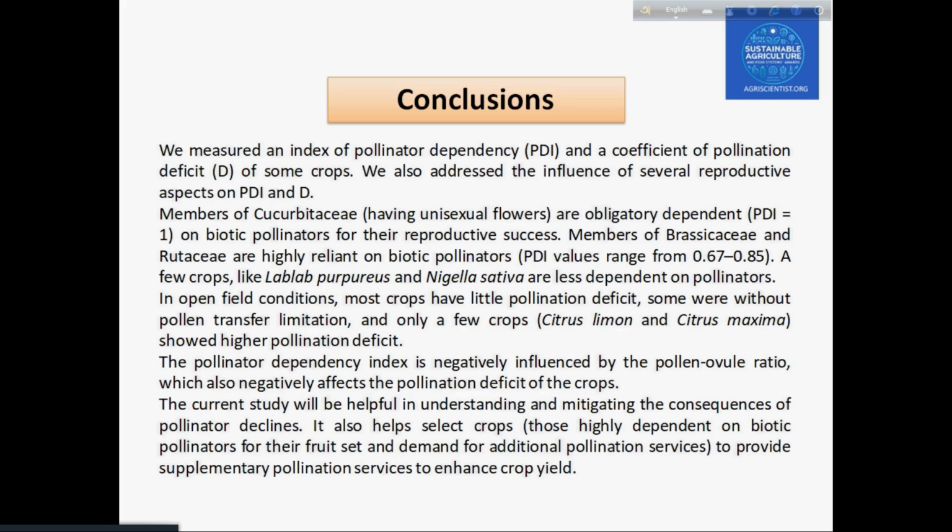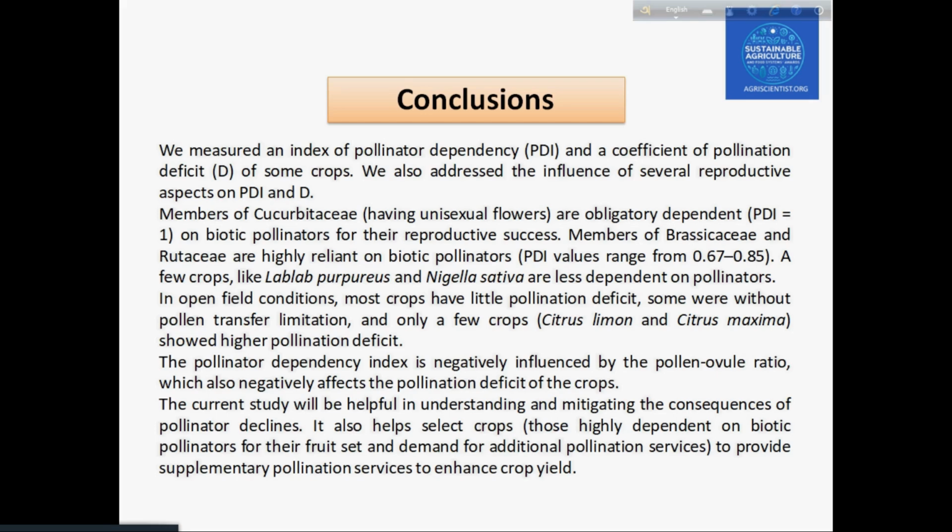A few crops, Lablab purpureus, Nigella sativa, are less dependent on pollinators. In open field condition, most crops have little pollination deficit. Some are without pollen transfer limitation, and only a few crops, citrus, lemon, Citrus maxima, showed higher pollination deficit.